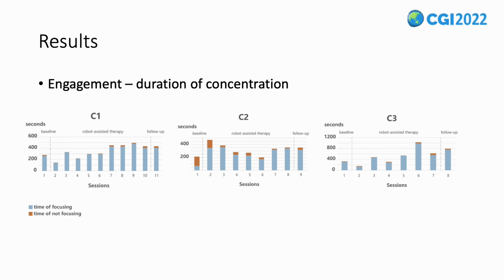For children's duration of concentration, C1 and C3's duration of no concentration are a very small proportion of the total time, and C2, whose therapist reported before our experiments that he was a child with weak concentration, couldn't concentrate on one task for more than 100 seconds in a session, but his concentration time increased rapidly in session 2 and kept at a high level in the following sessions.